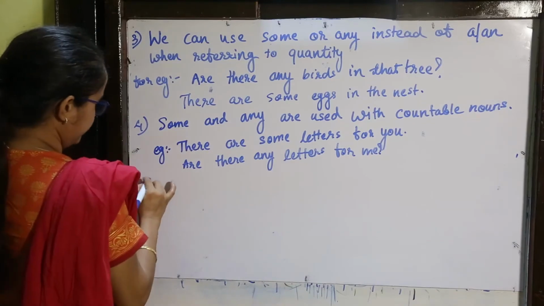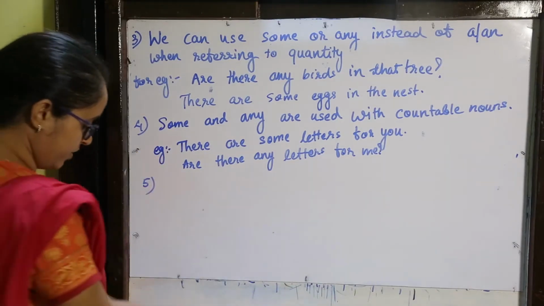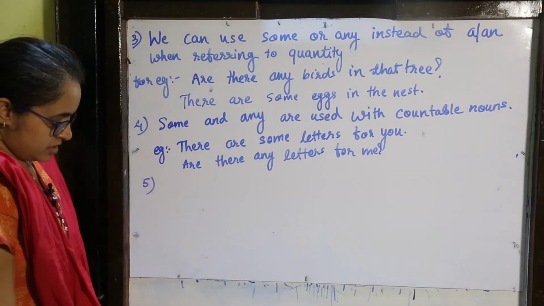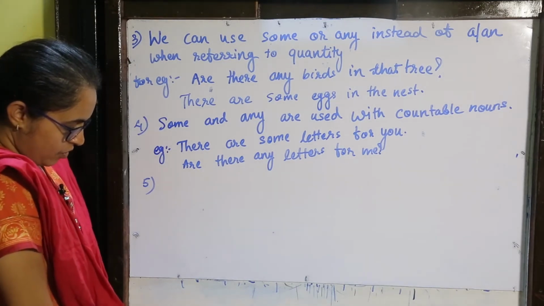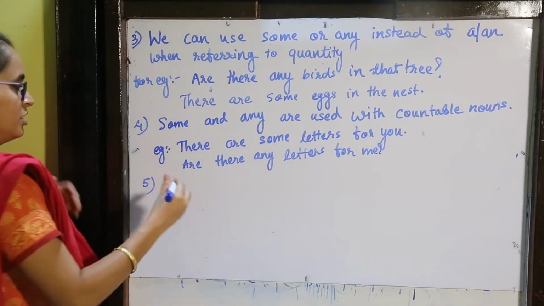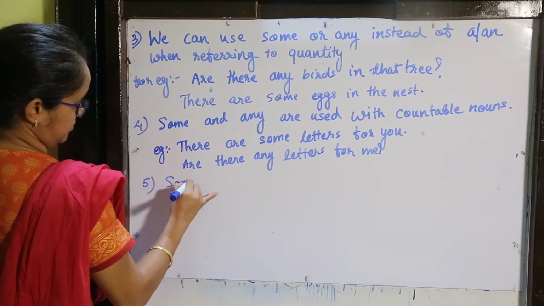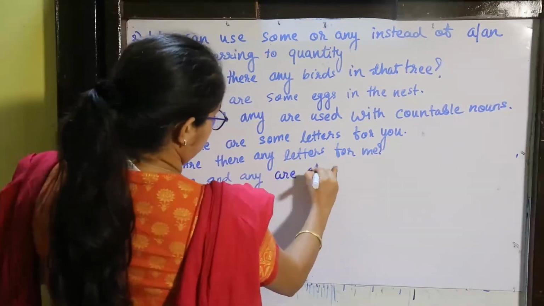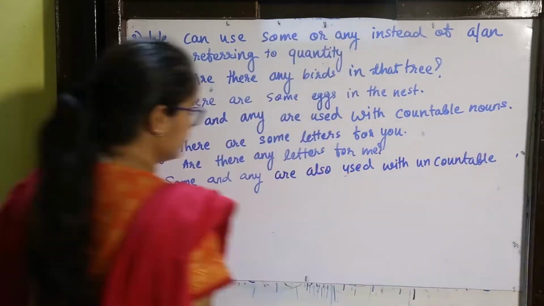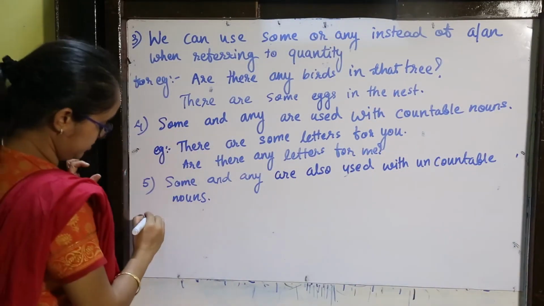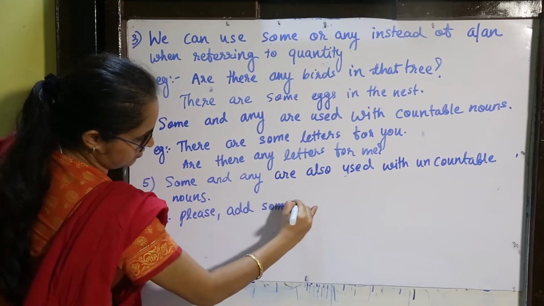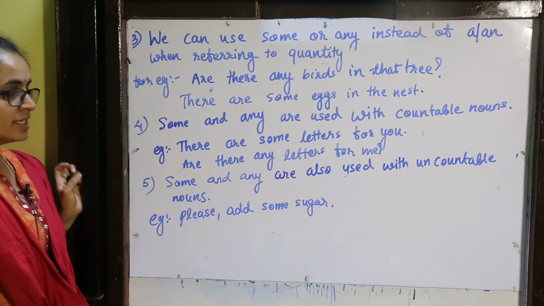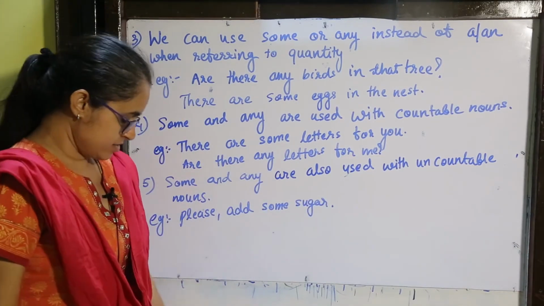Okay, now fifth one. Some and any are also used with uncountable nouns, like quantity. For example, please add some sugar. Sugar is non-countable, but we are using some.